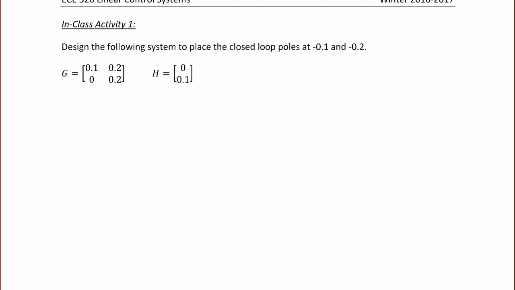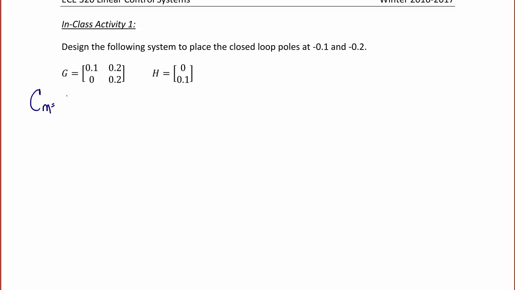In class activity 1, design the following system to place the closed loop poles at negative 0.1 and negative 0.2. G is equal to [0.1, 0.2; 0, 0.2], and H is equal to [0; 0.1]. So the first thing we're going to do is check the controllability by building the controllability matrix.